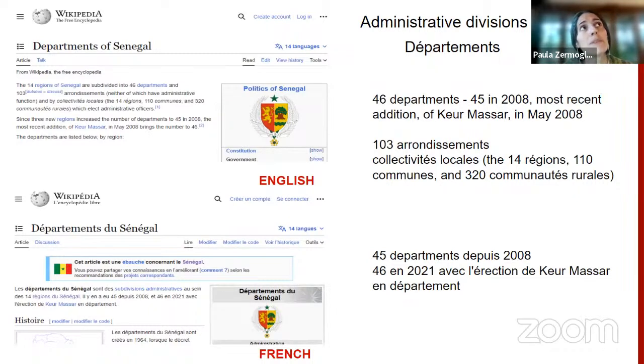And let me remind you that here we're talking about administrative divisions. These are things that are official, that countries establish. I mean, we're not talking about small places lost in the middle of nowhere. We're talking about administrative divisions.